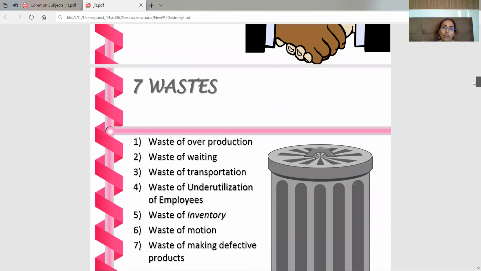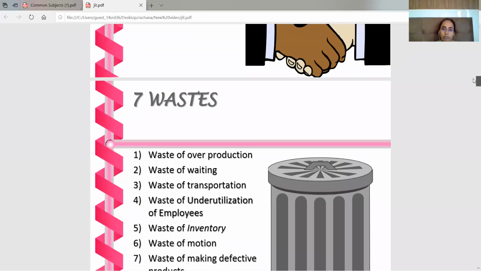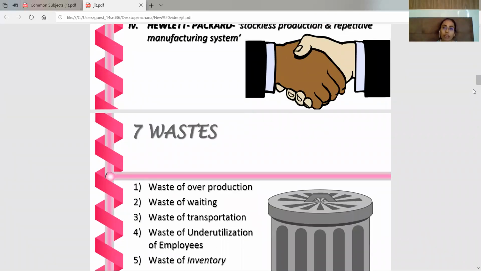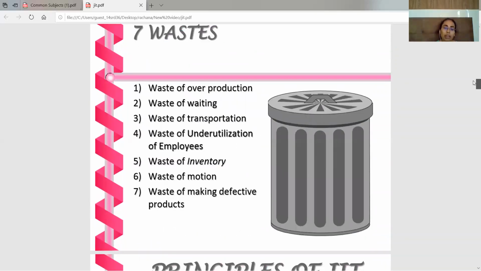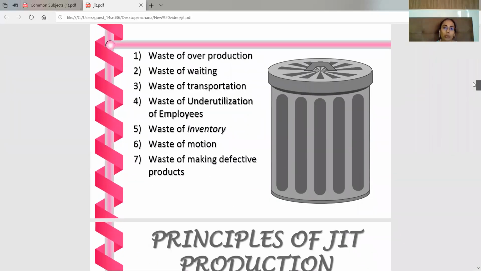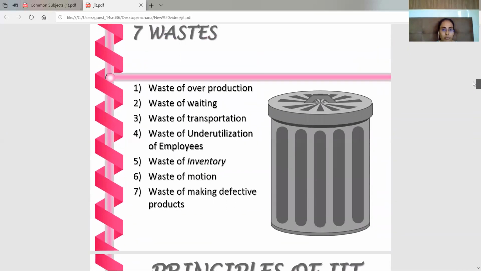In the JIT concept, seven wastes are found, and the basic idea of JIT is to eliminate wastage and delay in production. These wastes are known as: waste of overproduction. If you overproduce certain items, they will remain idle for a period of time, so it is a kind of waste considered under JIT.